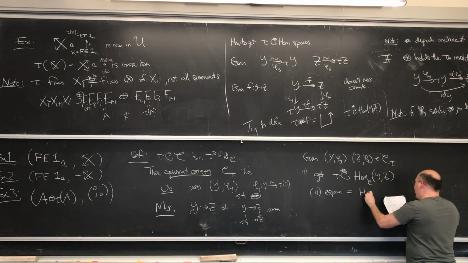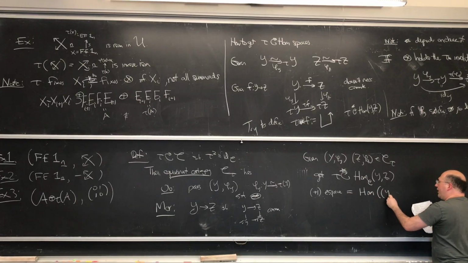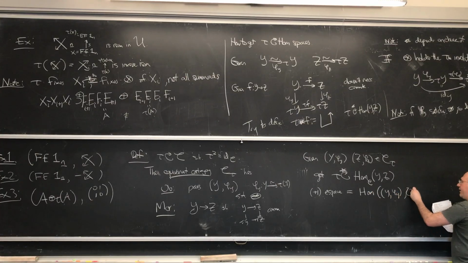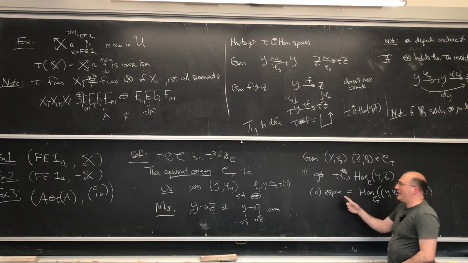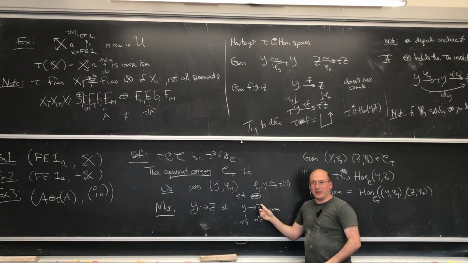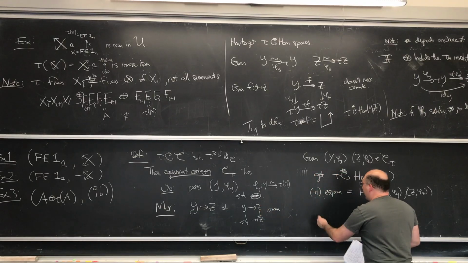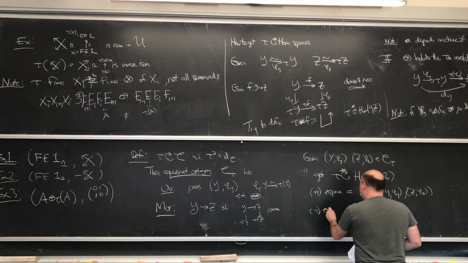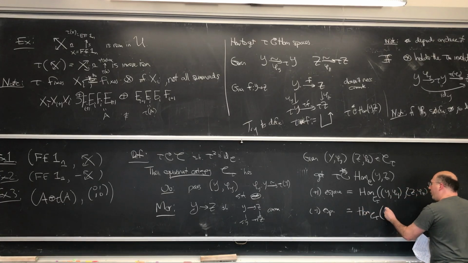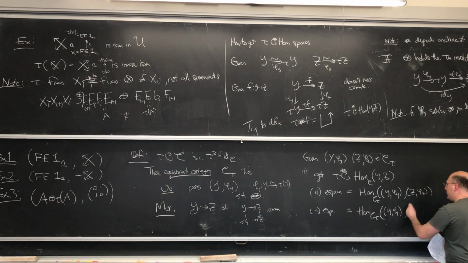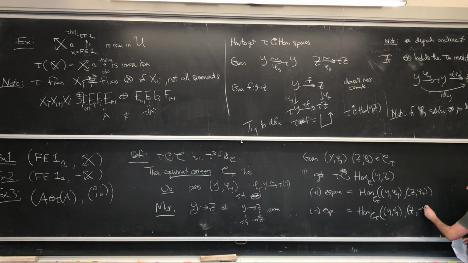is exactly Hom from (y, phi_y) to (z, phi_z) in this equivariant category, because if it's a +1 eigenspace, that means tau doesn't change it, and so the square does commute. And the -1 eigenspace is actually Hom in this equivariant category from (y, phi_y) to (z, minus phi_z).